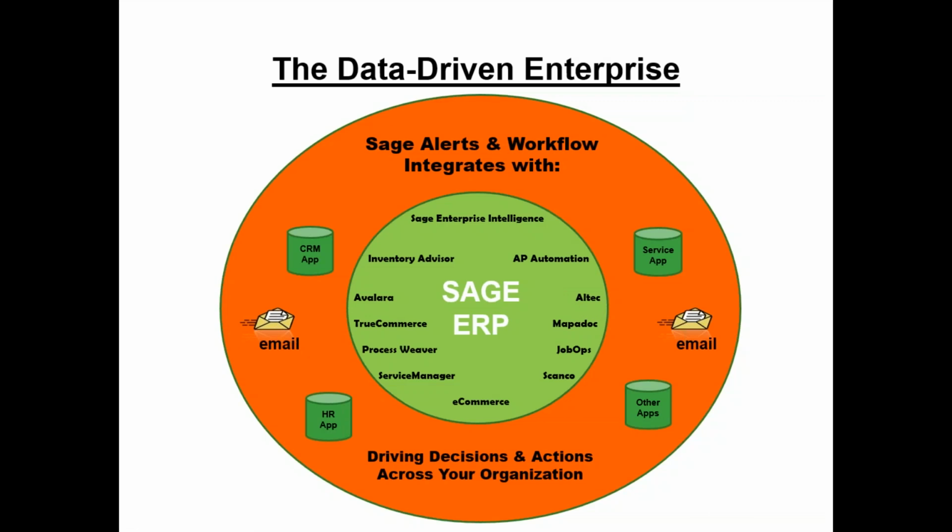Alerts and workflow can integrate with all of the other business applications that your organization is using, even if they're not from Sage. If you've got perhaps a Microsoft CRM, or you've got a human resources application, even homegrown applications, as long as an application is storing its data in a relational database, such as a SQL or Oracle database, alerts and workflow can automatically monitor and respond to conditions in that database.